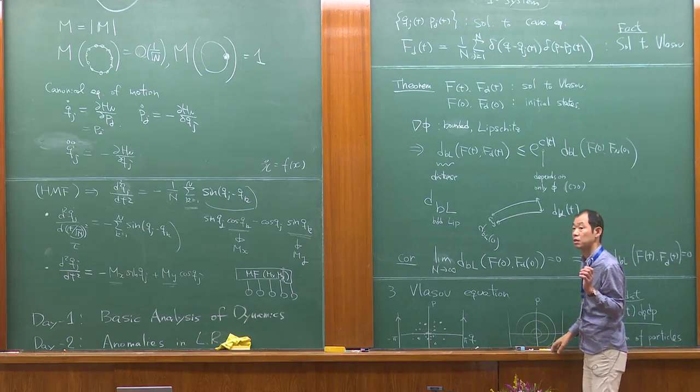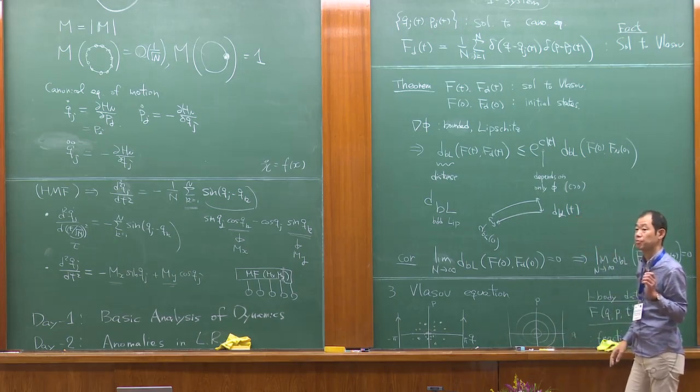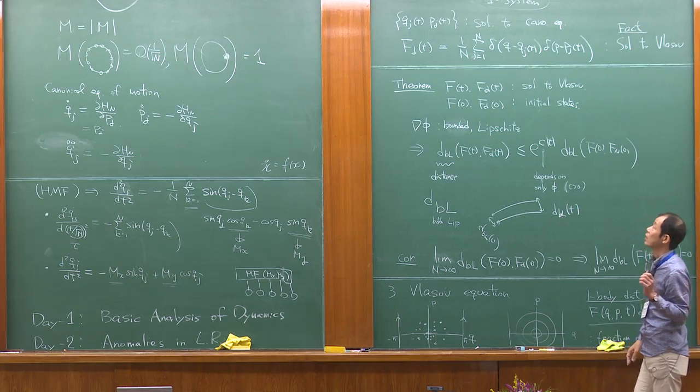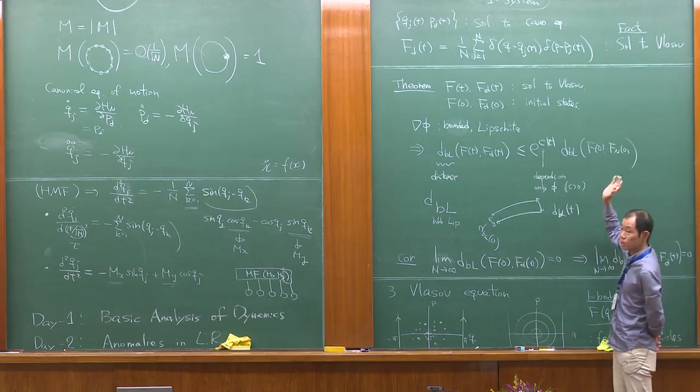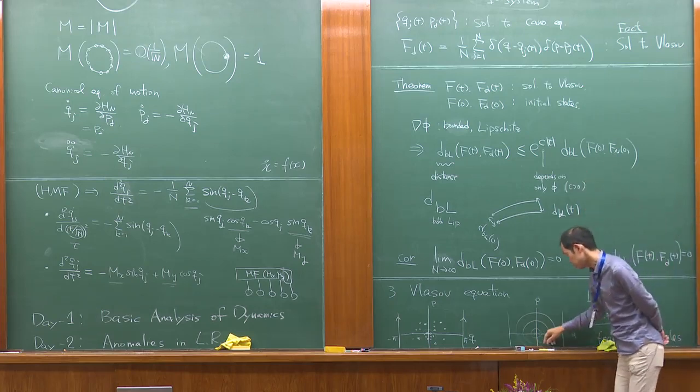For the HMF model at least, two solutions of the Vlasov equation remain close together at least up to a time that diverges with a power law. If we consider only the order parameter, then it's okay. But now we consider the distribution, so the distance is different.